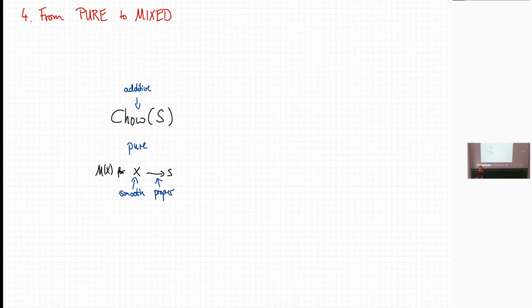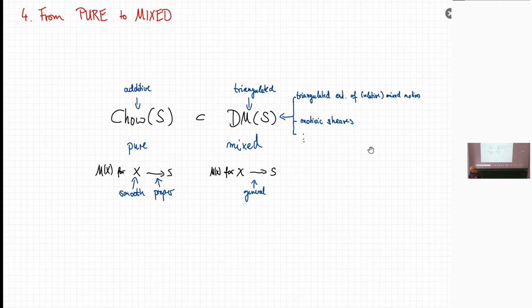Pure in the sense that they come from something smooth and projective, or here in this relative situation, from something smooth that is proper over S. And pure should be contrasted against the word mixed, yeah? And mixed means that you also allow general X. I mean, with general, you also have to put some small adjectives in front of X, but not smooth and projective.